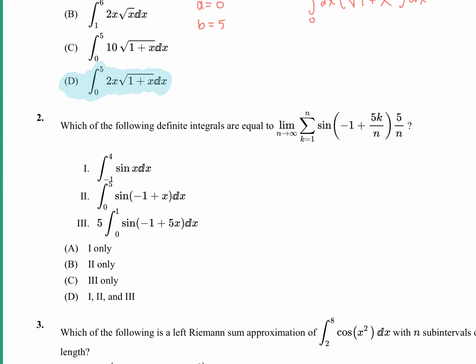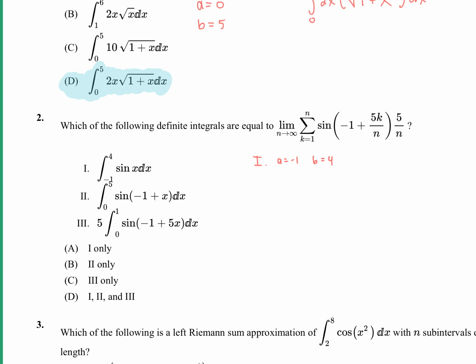Okay, so the first one. It's almost always easiest to start out with the integral and then test it to see if we get this limit sum definition. So right away for number 1, a is -1 and b is 4.